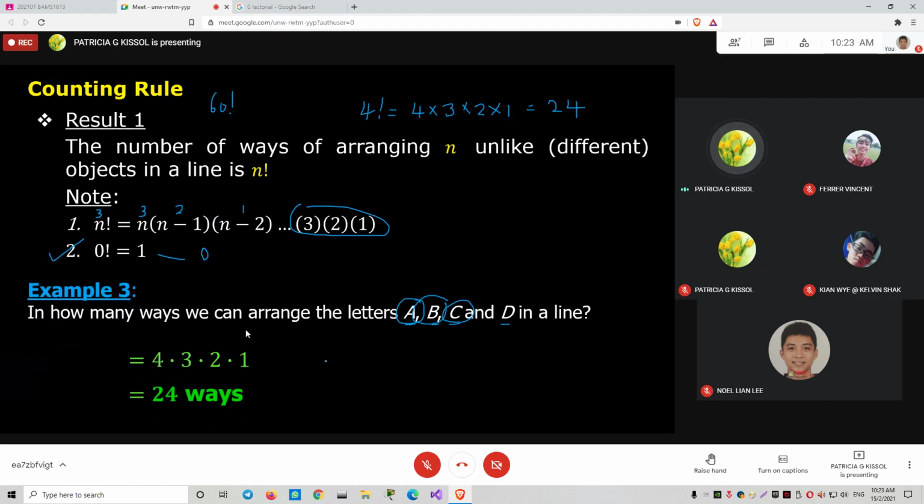So 4 times 3 times 2 times 1 gives us 24 ways. Just to highlight to everyone, we are looking at how many ways the alphabets A, B, C, and D can be arranged, and in this example, we only use them once.